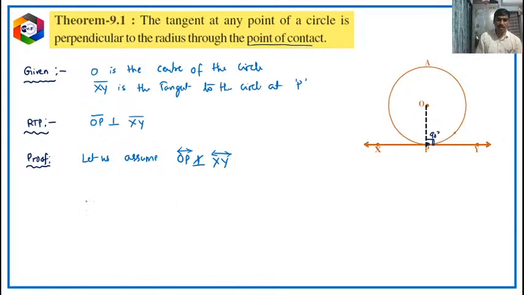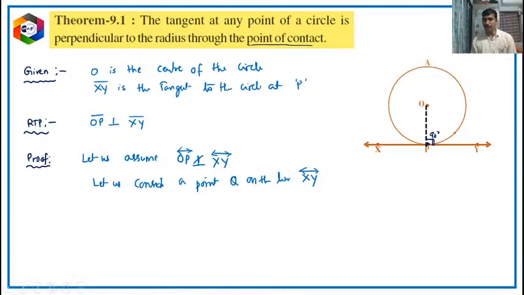So let us consider a point Q on the line XY. Now I am considering a different point Q, lying on the line, where P is not the perpendicular.